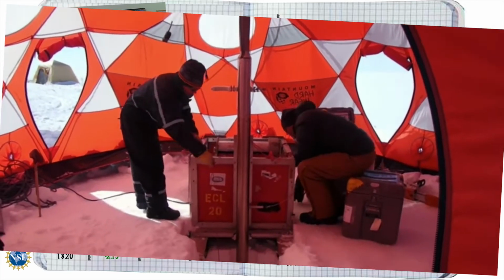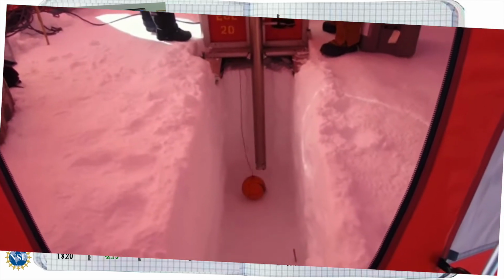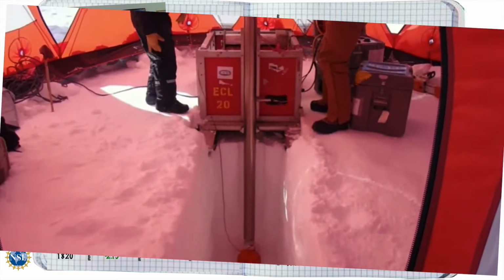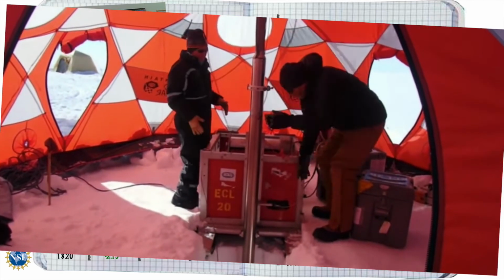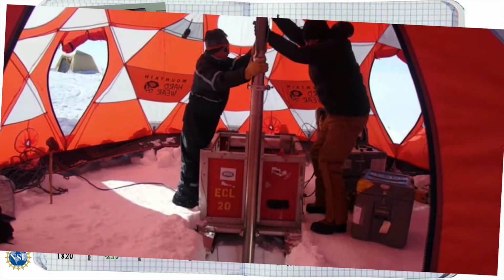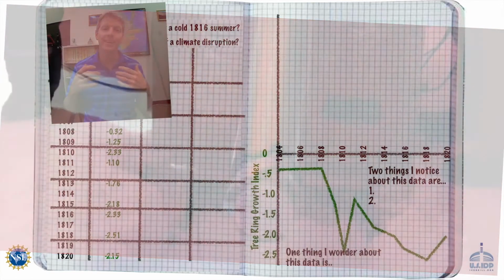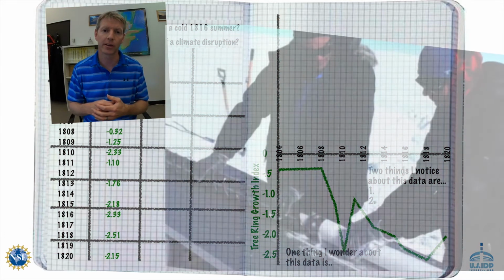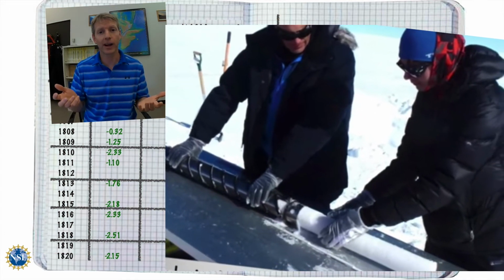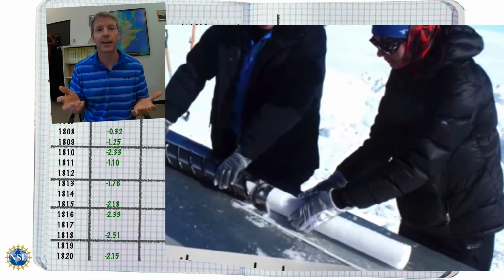Every time it goes down, you drill the next 5 or 10 feet of ice core, you pull it out, you take the ice core out of the tube, and you put it into a special box to ship it home frozen, and then you put the drill back down into the hole to collect the next 5 or 10 feet of ice core. So you can imagine if you're trying to go back over 2 miles of ice, it can take a while.